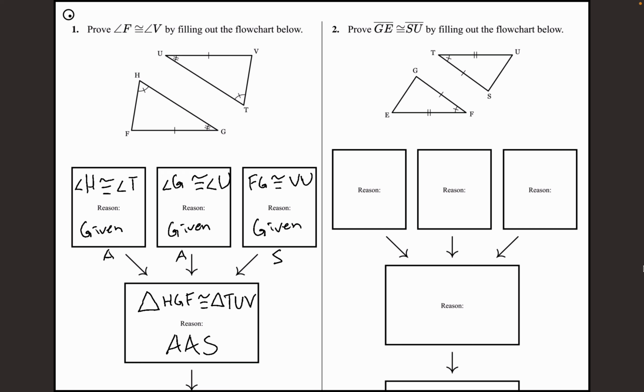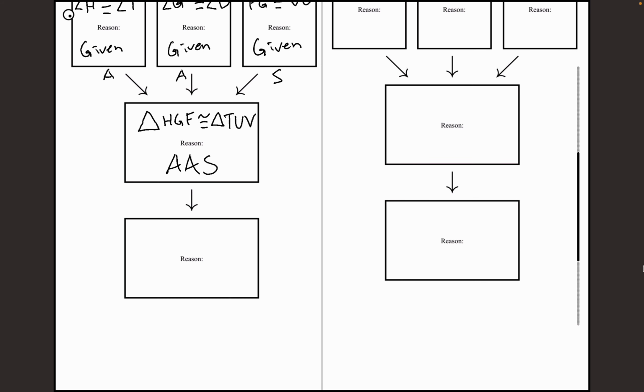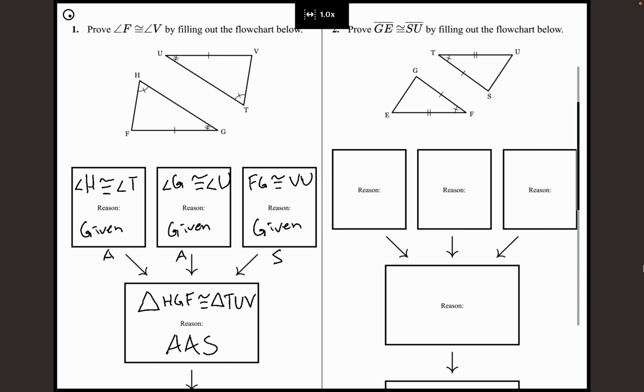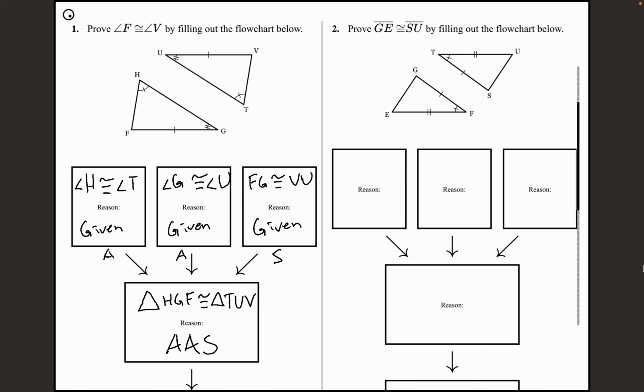But if you notice on these, it's got an extra box. Thank you for asking. Well, I'm going to tell you why. What does it say at the top? Does it tell us to prove that two triangles are congruent? No, it doesn't. This time it says prove angle F is congruent to angle V. So last week we were proving that two triangles are congruent.